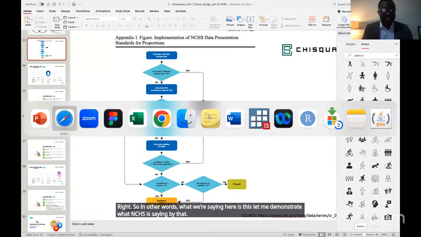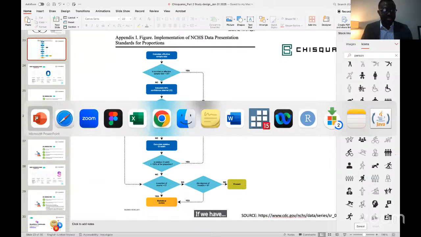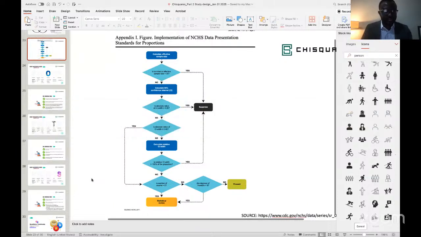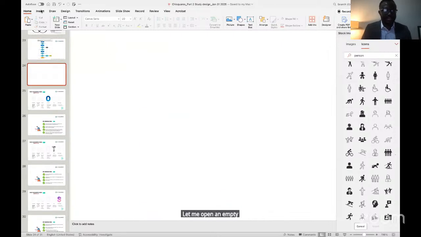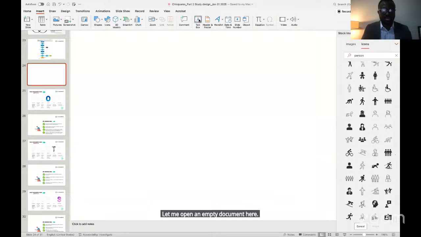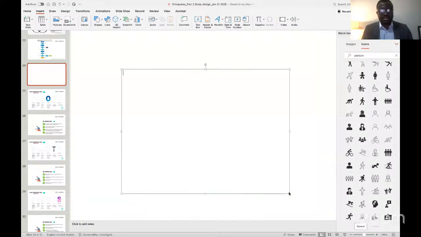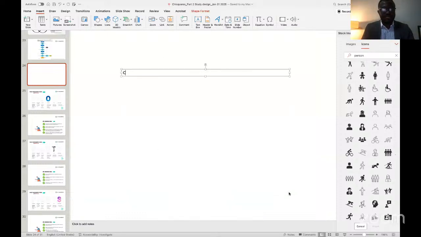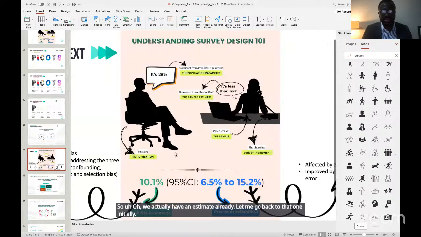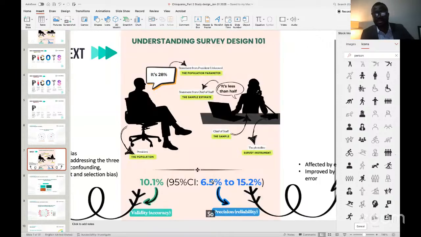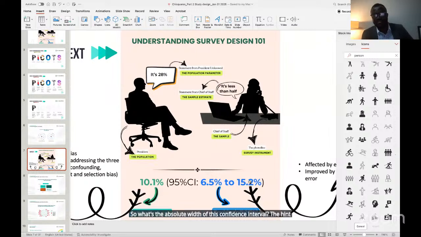We actually have an estimate already. Let me go back to that one initially. So what's the absolute width of this confidence interval? The hint: this is just the bigger number minus the smaller number.